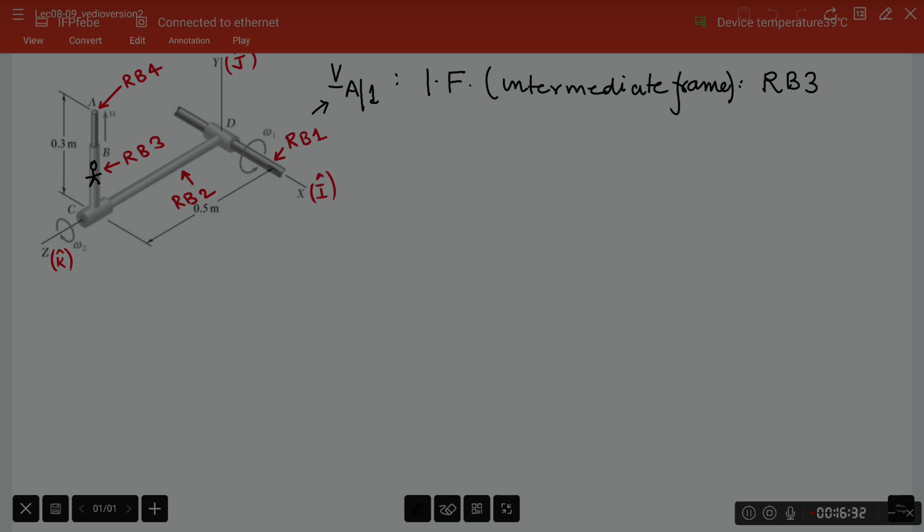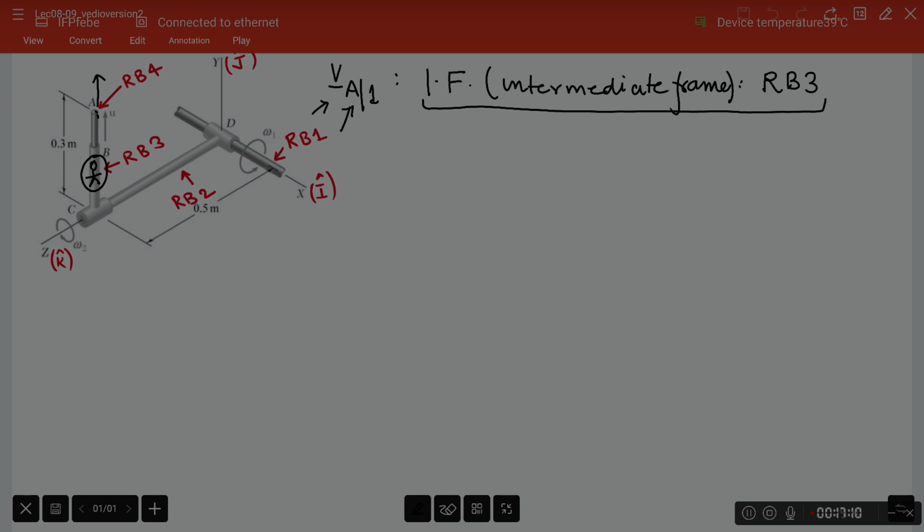For an observer sitting on RB3, it is very easy to visualize that the motion of A is nothing but along a straight line, as seen by this man. That decides my choice of IF. So you should choose the IF to be a frame from where the motion of the particle of interest is either known or it is very straightforward or very simple to express.